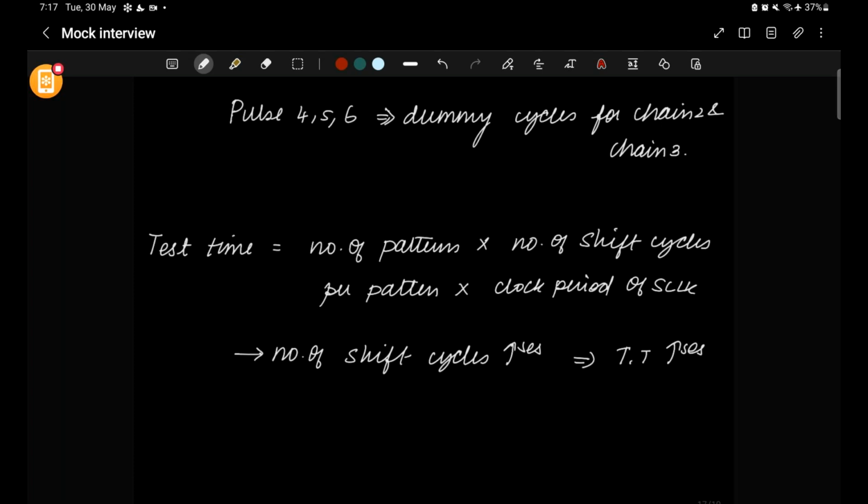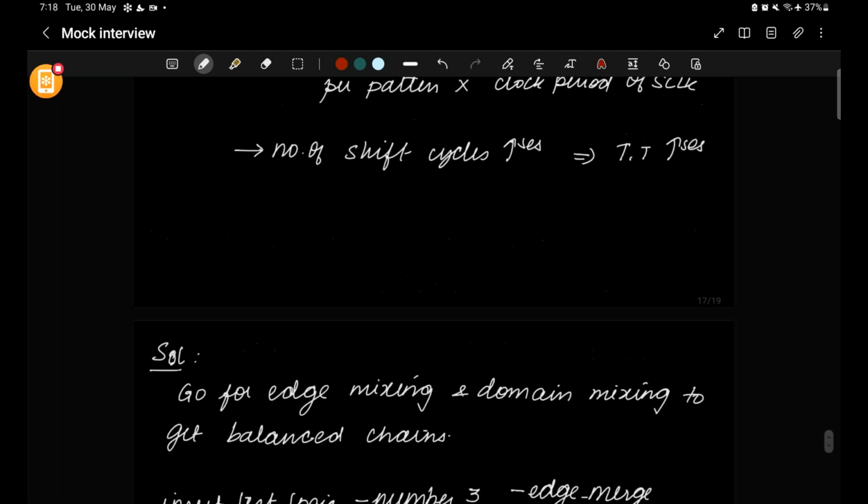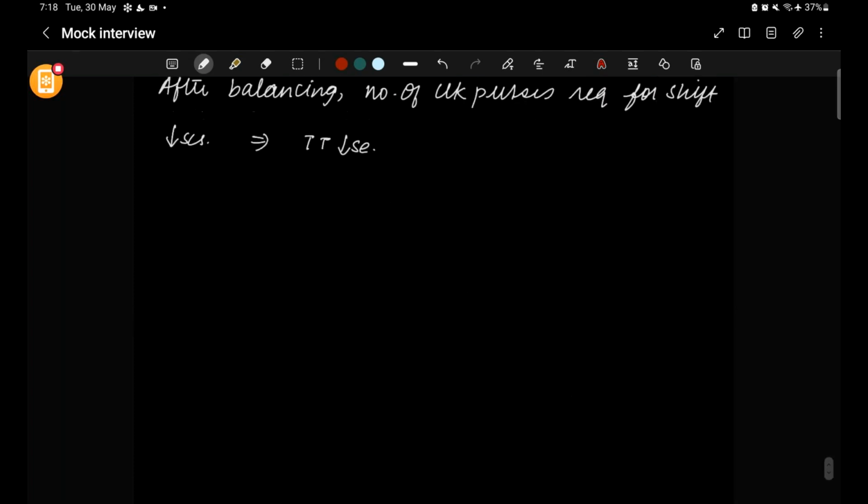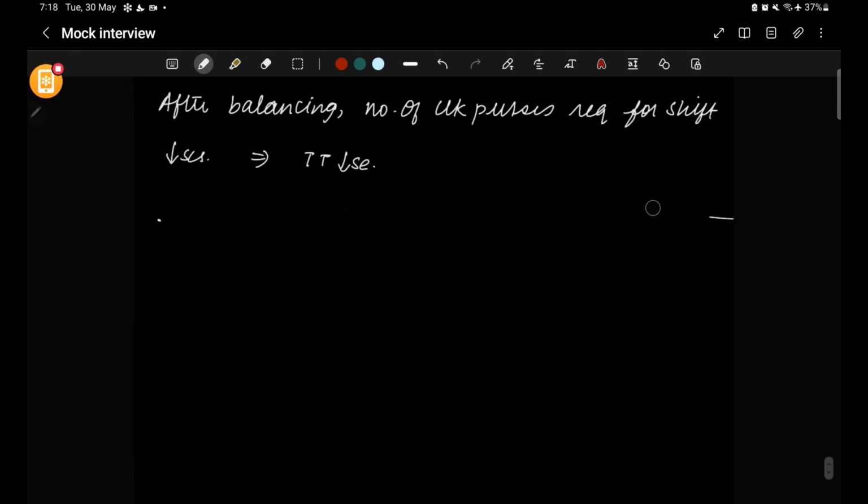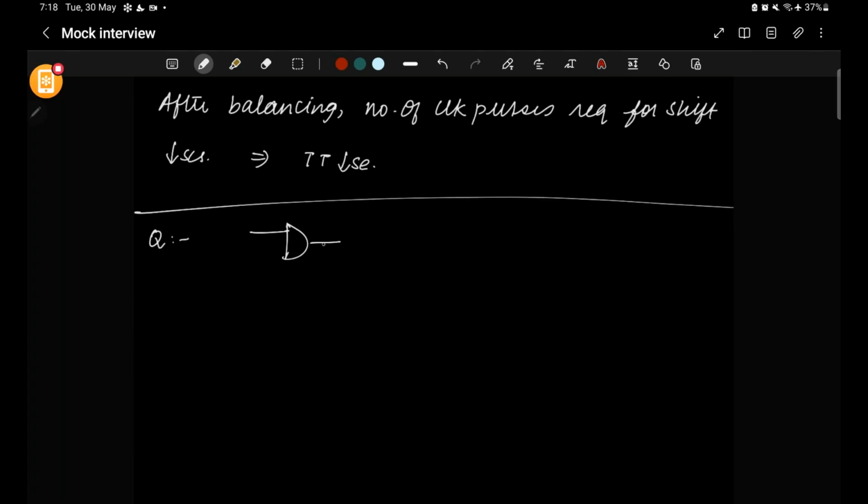Okay, so consider this example. What are all the faults that will get detected and what are all the faults that will not get detected? We consider it as A net, B net and Y net.